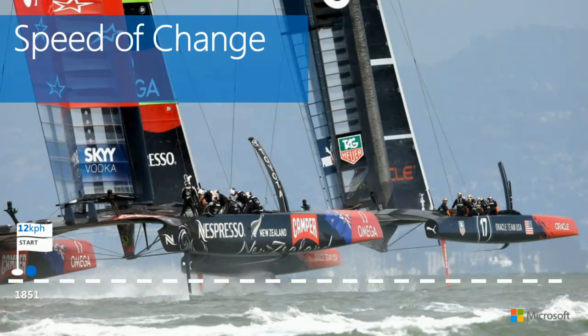As a result, he has personally invested hundreds of millions of dollars over the past 10 years doing exactly what you'd expect a technologist to do, using big data and science to create the fastest boats on the planet. And you see over in the lower corner of the screen, it says 1851, 12 kilometers per hour. That was the maximum speed of a boat in the first America's Cup race that was run back then.